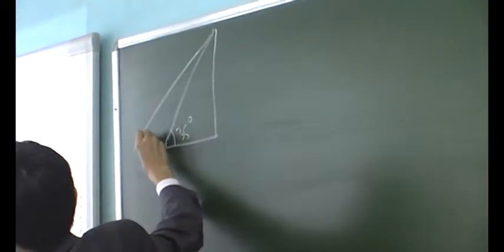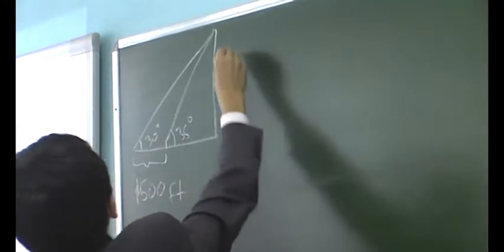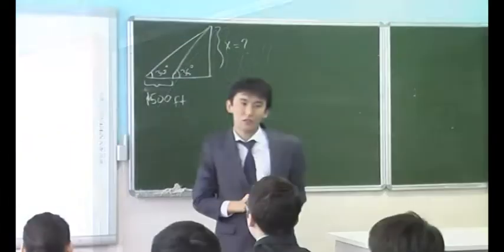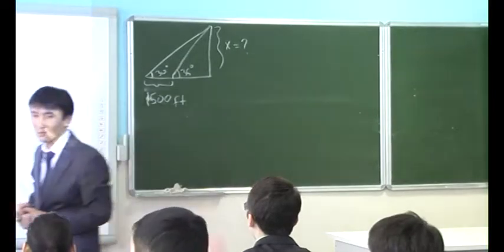This point is 35 degrees and this one is 30 degrees. This length is 1,500 feet. Okay, we can solve this.